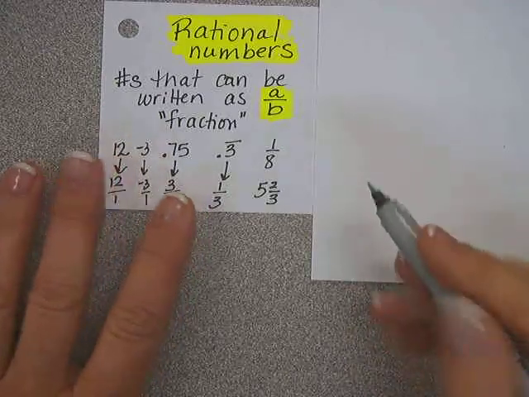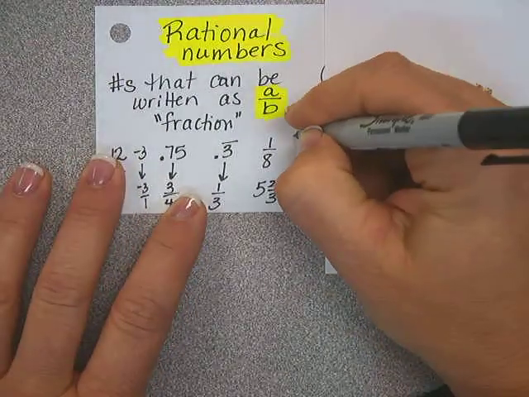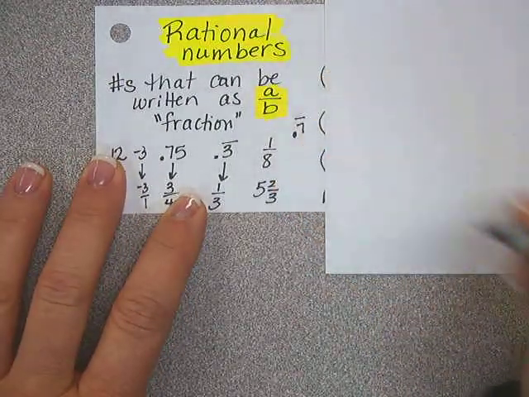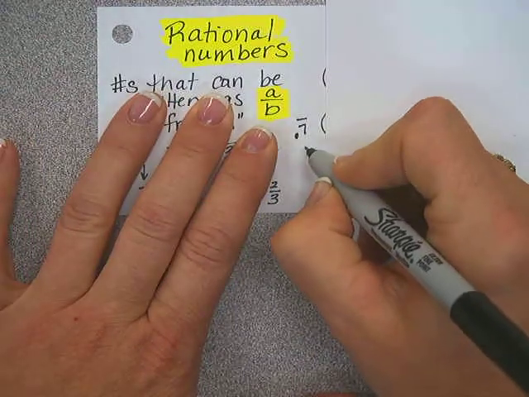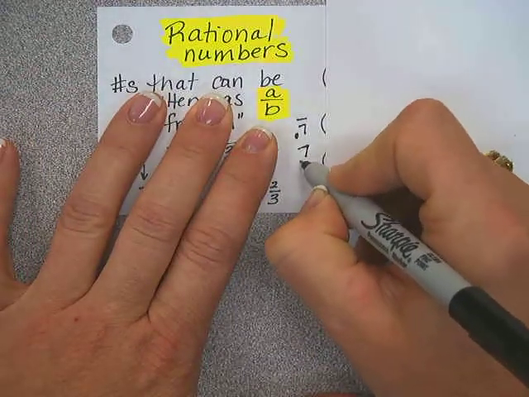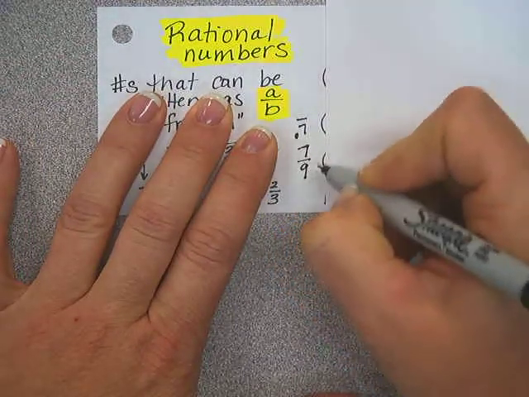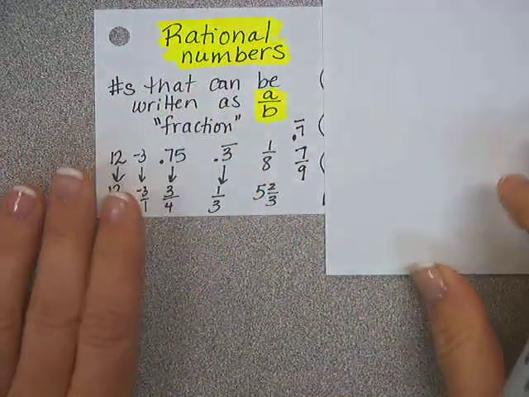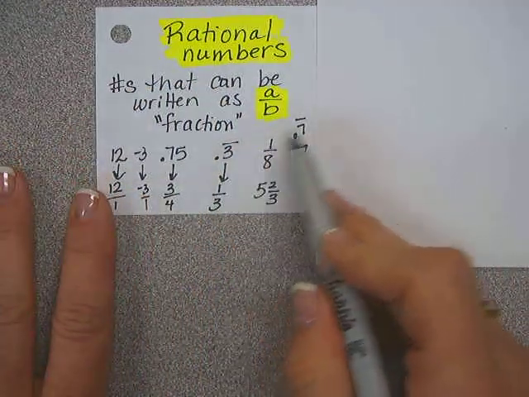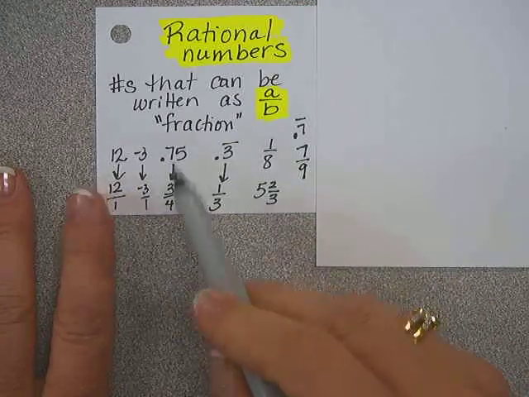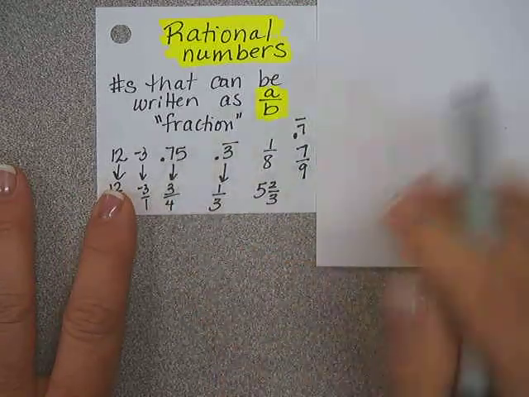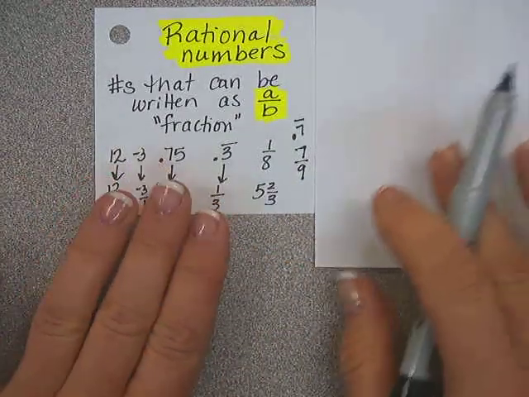And if you remember, we did a whole activity when we did something like this, 0.7 repeating. Remember that was 7 was the numerator and 9 was the denominator. That generated 0.7 repeating. So any repeating decimal is rational. Any terminating decimal is rational.